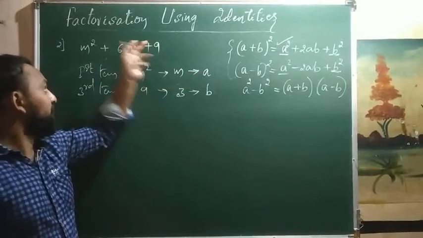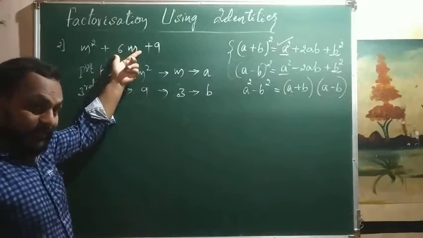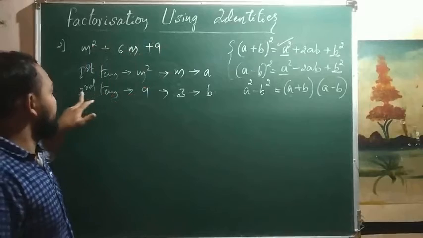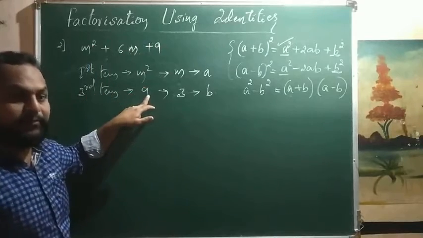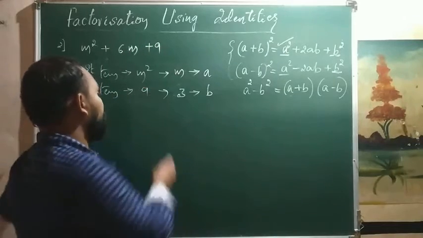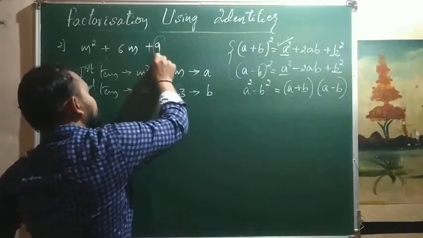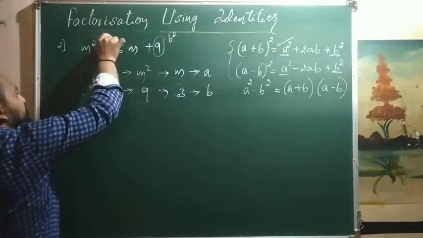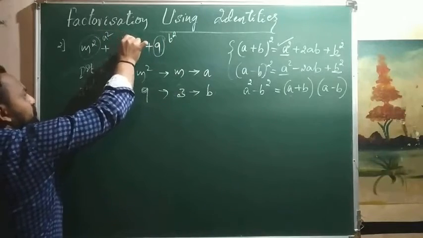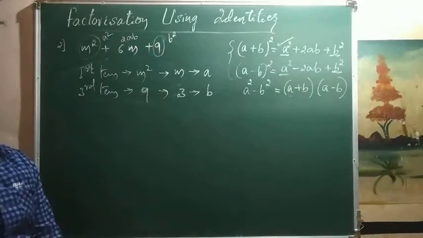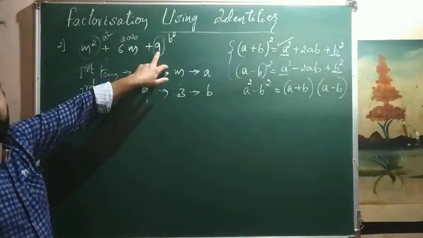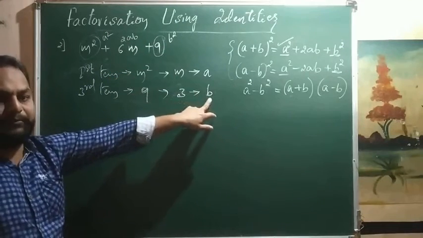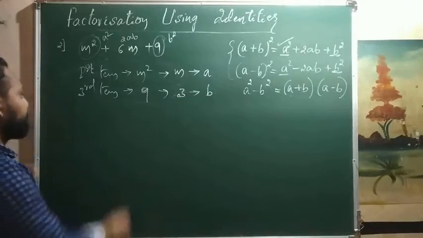This means a square plus 2ab plus b square. The third term is 9, which is b square. This is b square, this is a square, and this is 2ab. The square root of 9 is 3, it means b is 3.